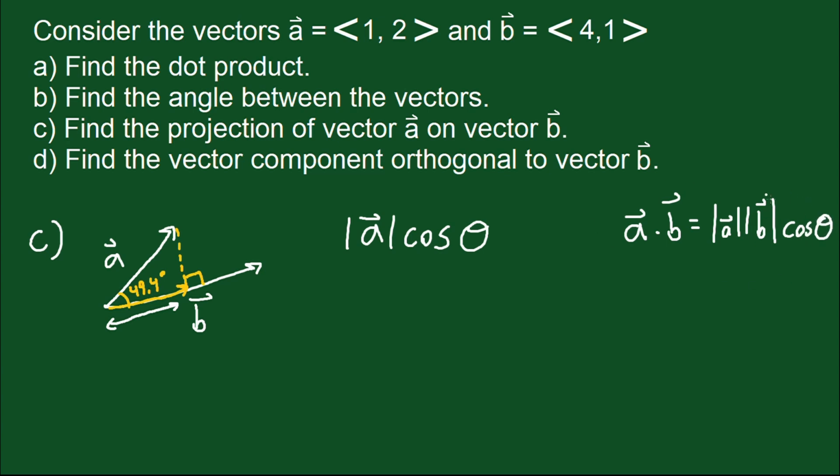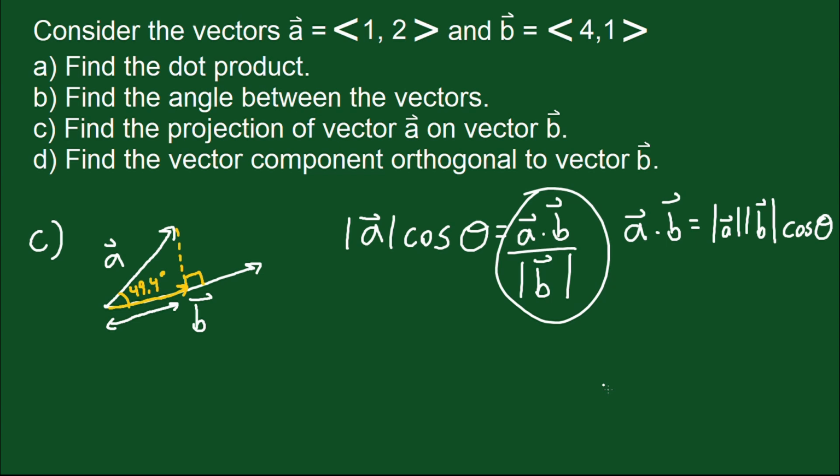Well, you could isolate for this part of it, this thing here, and you would see that magnitude A cos theta is actually equal to the dot product divided by the magnitude of B. So you could use this to figure out the magnitude, or you could use this. And the reason I might use this is because you don't have to worry about taking cos of a particular angle. You can just use the dot product divided by the magnitude of B. So this will give us the magnitude of the yellow vector.